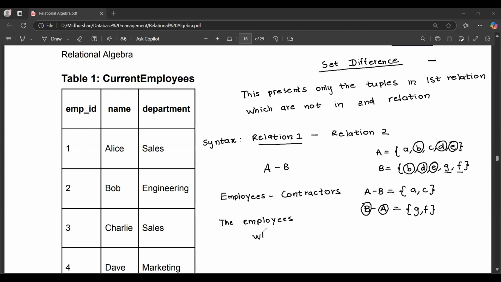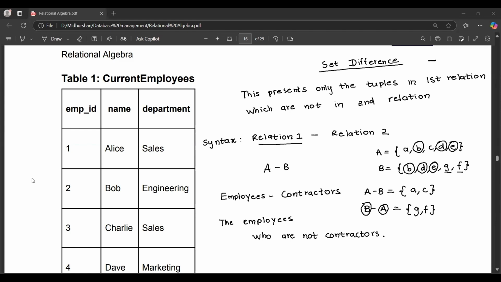This is why set difference is very useful in the relational model or database field. That's why it's also a basic operation in relational algebra. So I'll teach you with an example.